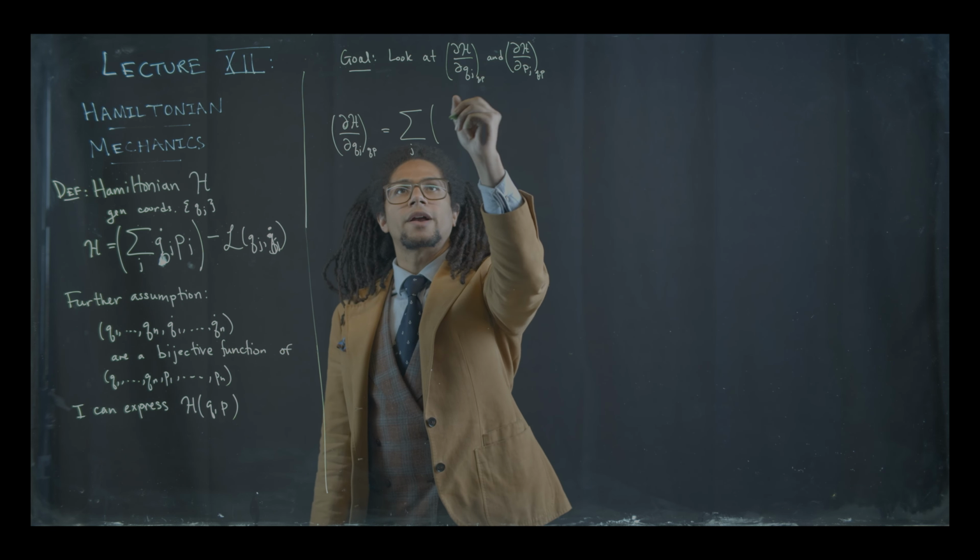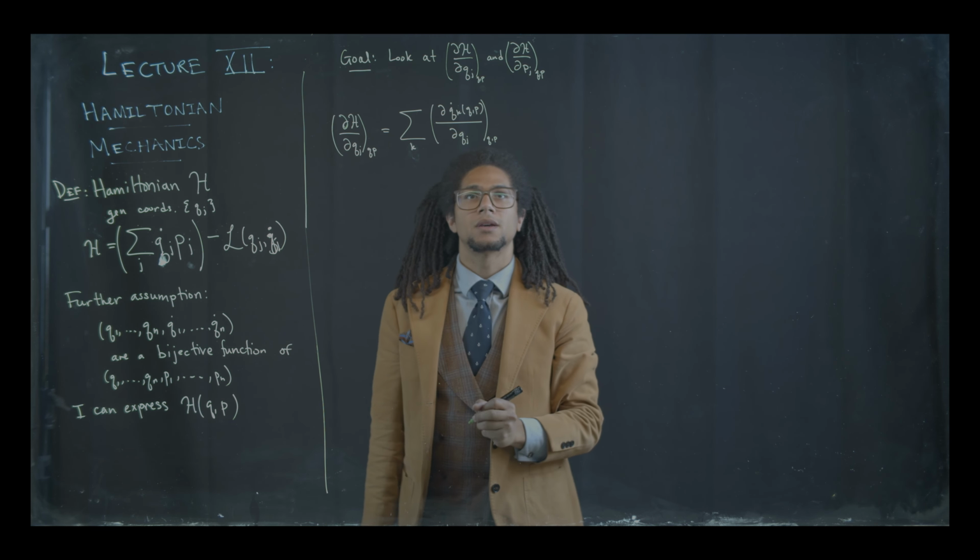So first I get the partial of q dot. Now, because of this assumption, I have that q dot, oh, and I shouldn't use j here because j is already being used here, so I'll use k. I know that qk dot can be thought of as a function of the q's and p's by this assumption. Okay, so I'm taking a derivative of that thing with respect to qj while fixing q's and p's.